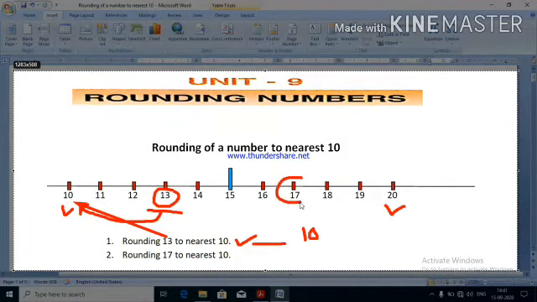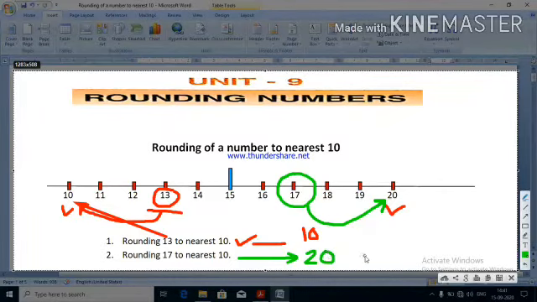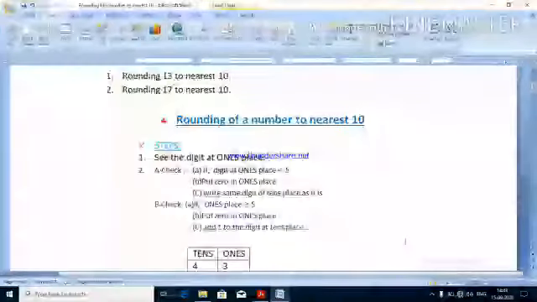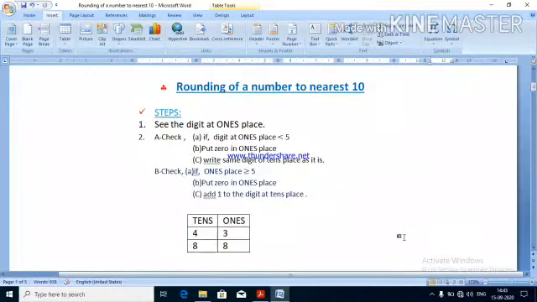So rounding 17 to the nearest 10 is 20. In this way we are solving the rounding numbers. In another way, these are the steps how we can solve the rounding numbers.